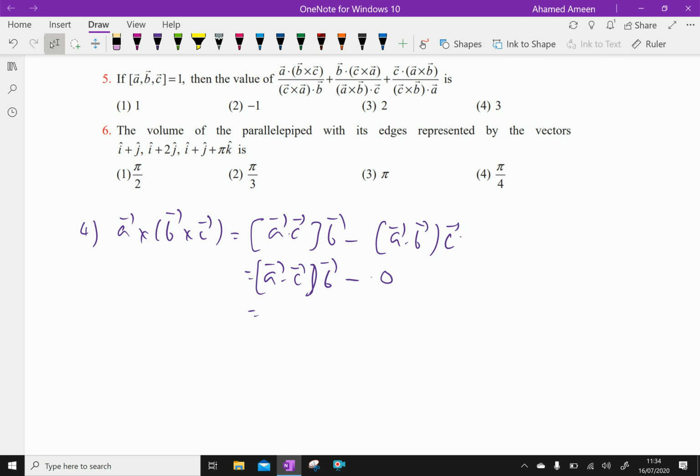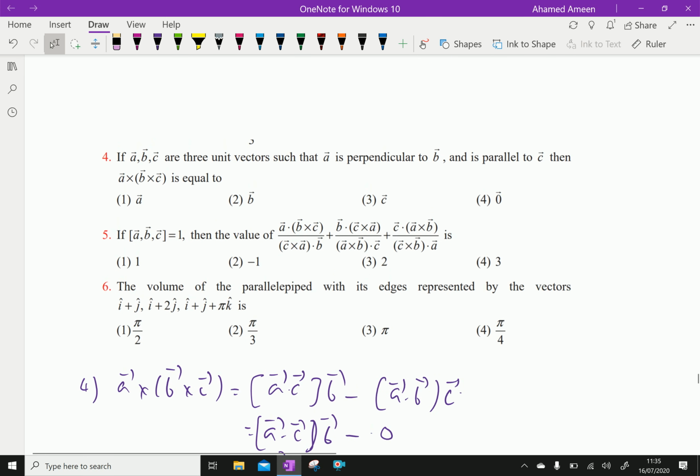Also A and C are unit vectors and parallel, so A dot C is 1, therefore the answer is vector B. So question number 4 is vector B.